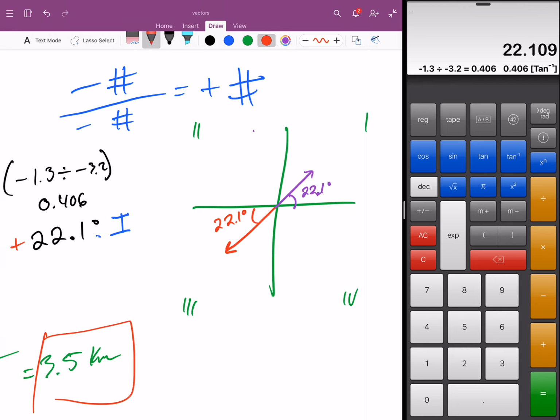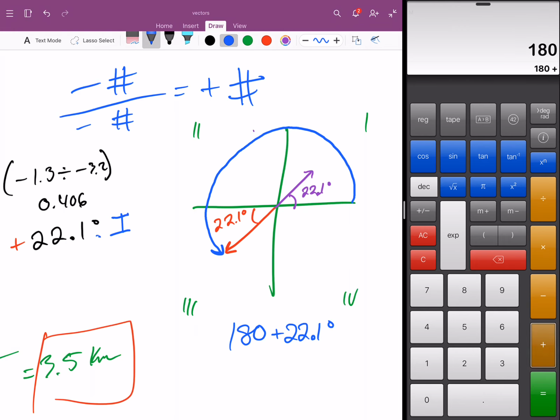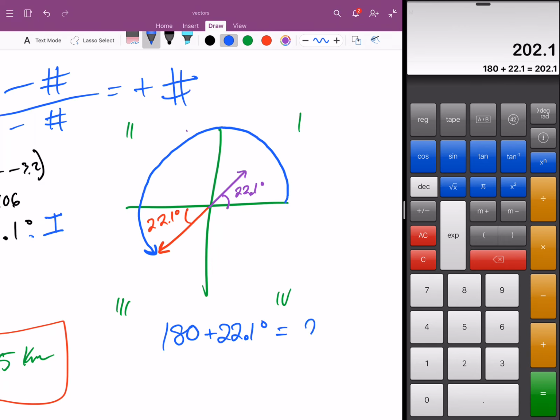So you have a mirrored effect. So in reality, your entire degree completes with 180 degrees from quadrants 1 and 2 plus 22.1 degrees, which means you have a degree of 202.1, which is within the range of quadrant 3. And this is your degree.